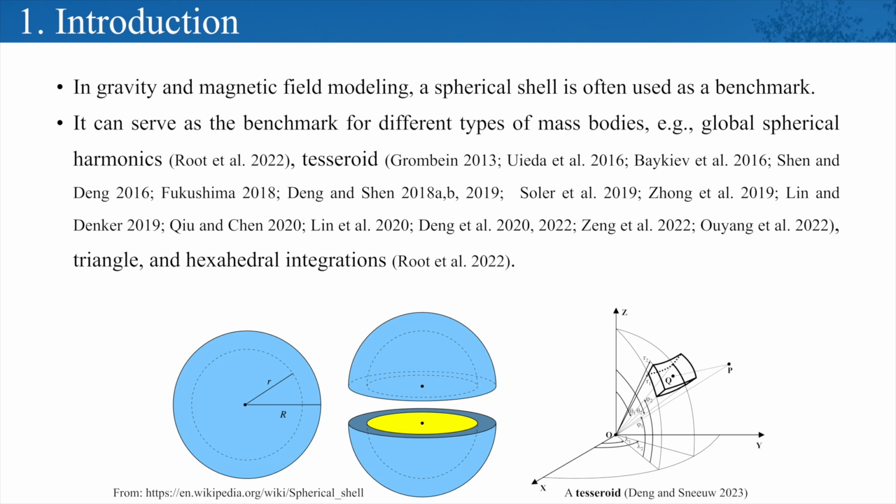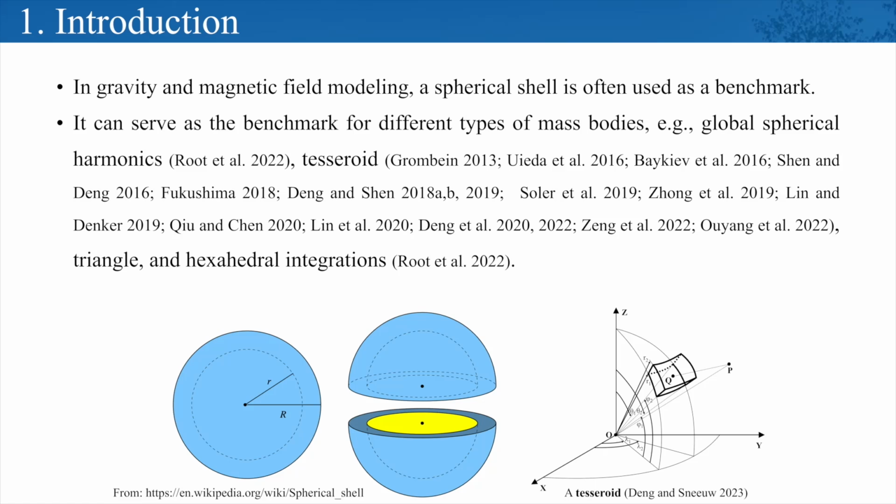In general, a spherical shell is often used as a benchmarking tool in gravity and magnetic field modeling. This is the figure of a spherical shell on the right side. This is a tesseroid in spherical coordinates on the right side. A spherical shell can serve as the benchmark for different types of mass bodies.